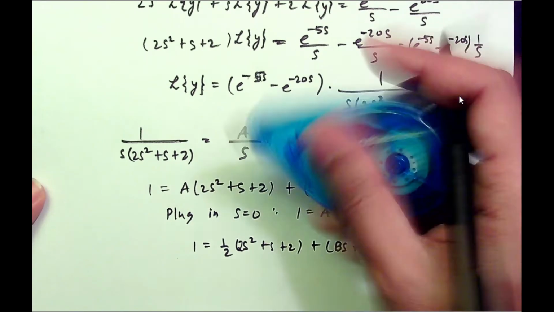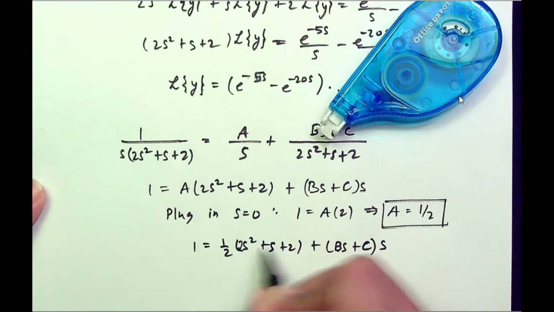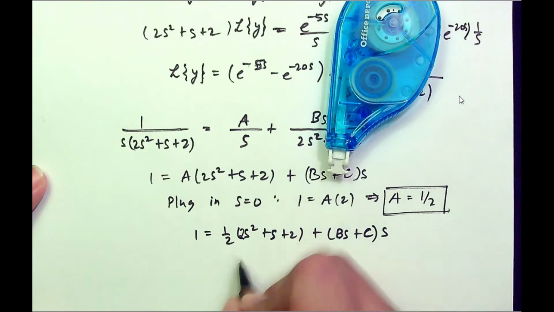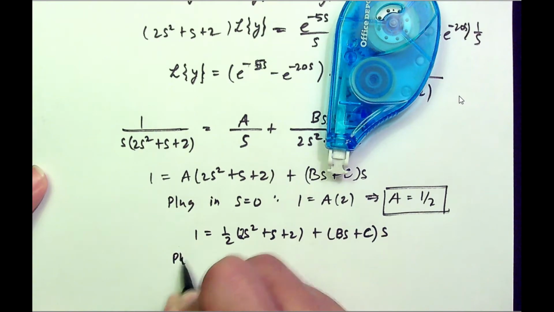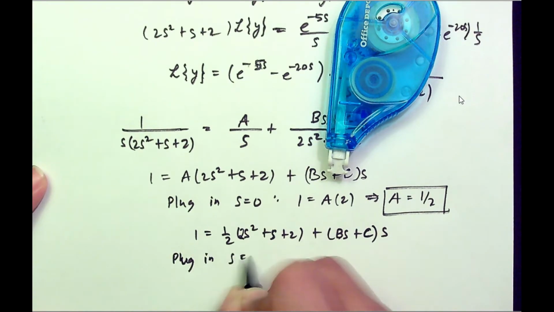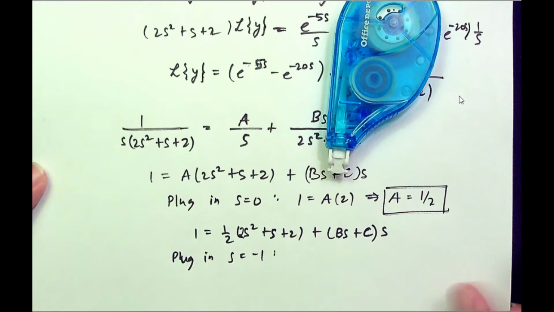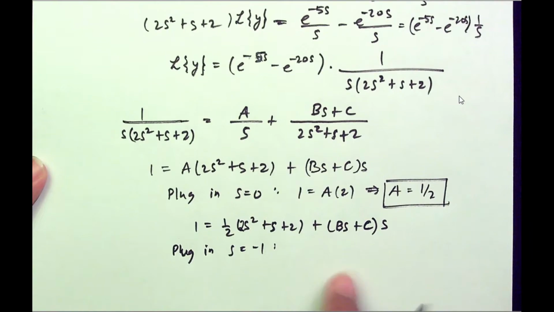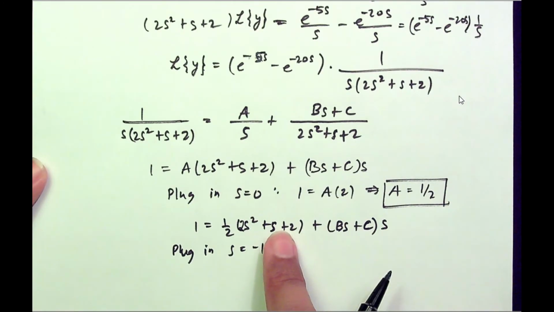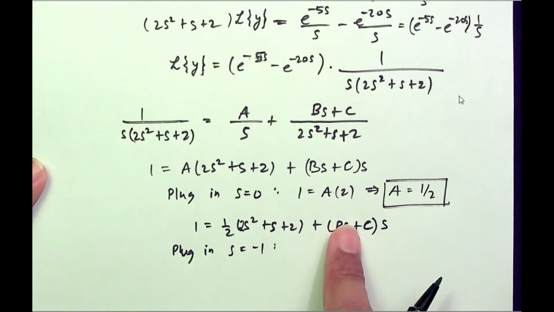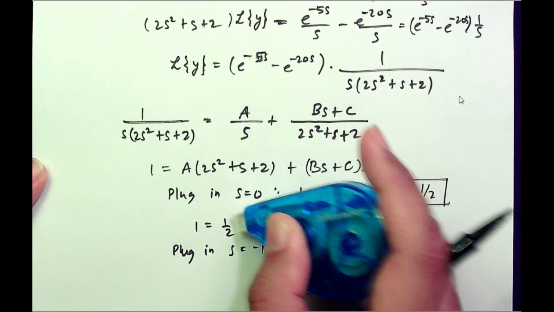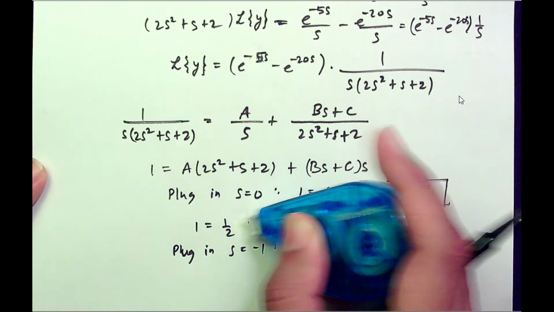Okay, so now that's what it's looking like because we found A. Now let's plug in another number. Plug in s equals -1. It could be any number you want because at this point there's nothing else that you can plug in to kill that or that because you don't know what these are. So at this point you can just plug in anything.